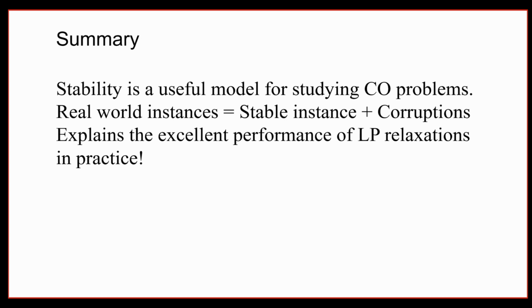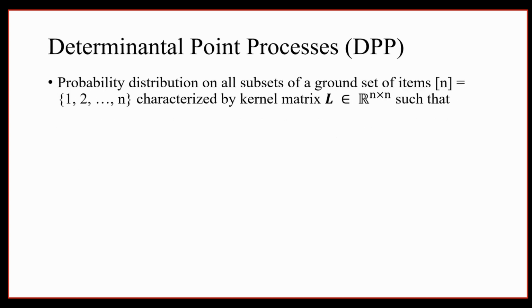So DPPs, for any given ground set of items, from 1 to n, you want to give a probability distribution on all possible subsets of that item.